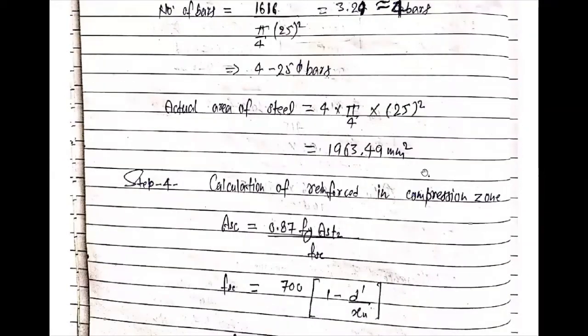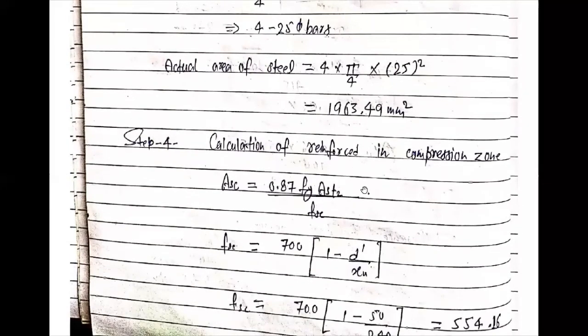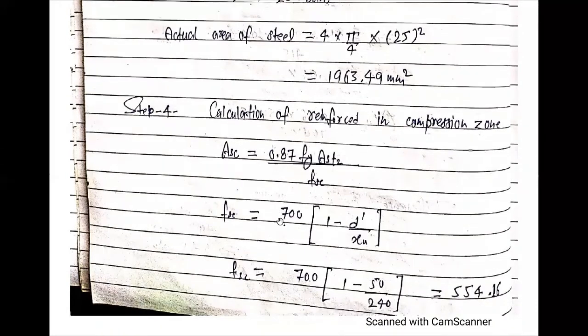Now step 4 is calculation of reinforcement in compression zone. It is given by the formula 0.87 fy Ast2 upon fsc. The formula for fsc, the stress in steel under compression, is given in the code: 700 into (1 minus d dash upon xu).